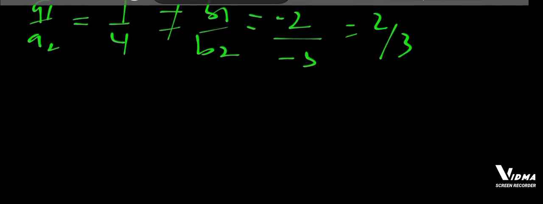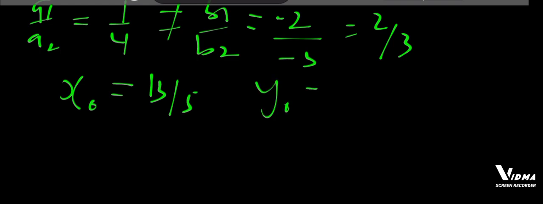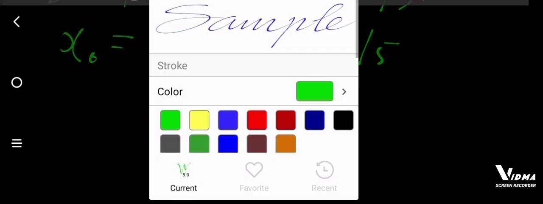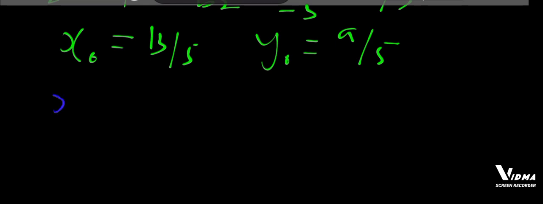I'm just going to write it. So we will get x naught to be 13 on 5. And I'll get my y naught to be 9 on 5. Okay. And in doing so, I'm now going to replace my x, which will now become capital X plus 13 on 5.